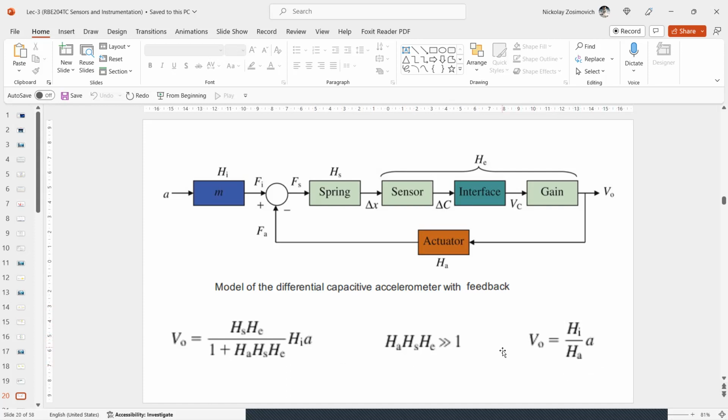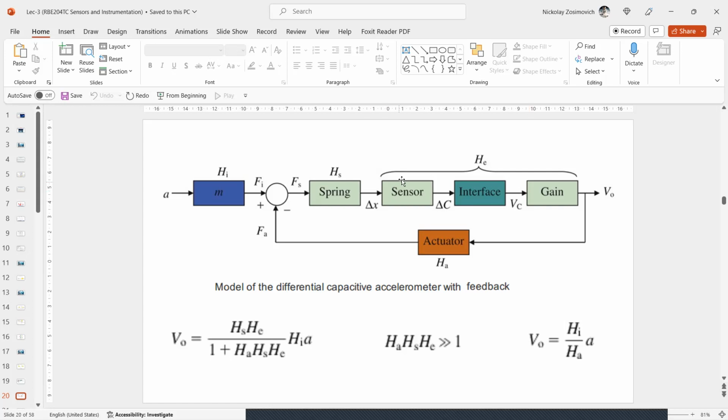So indeed, this is independent of the spring stiffness, the sensor transfer, the interface, and the gain of the amplifier, according to the feedback principle. In equilibrium, the mass is at its center position, and hence no particular demands have to be made on the spring and sensor.